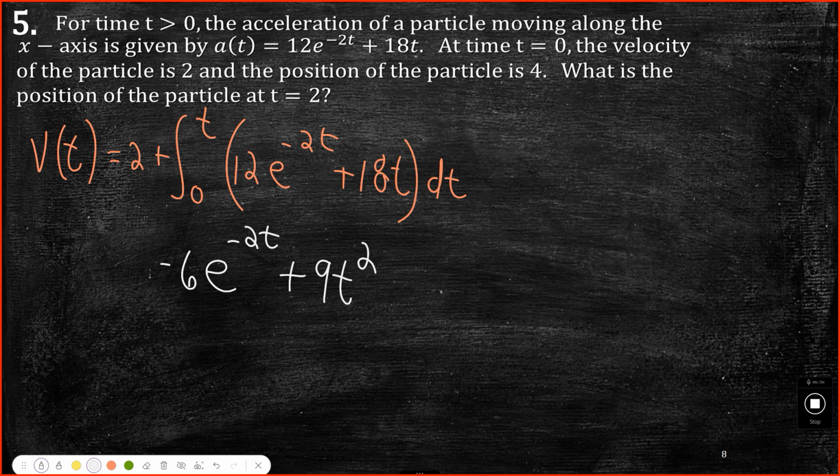And now, here's what I'm going to tell you guys. It is not going to be just that when we evaluate. See, when we evaluate here from 0 to t, it's not going to fall out plus 2. This is going to be t, plug in t. It's going to be negative 6 e to the negative 2t plus 9t squared.